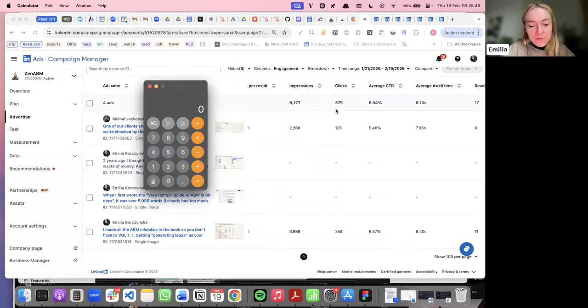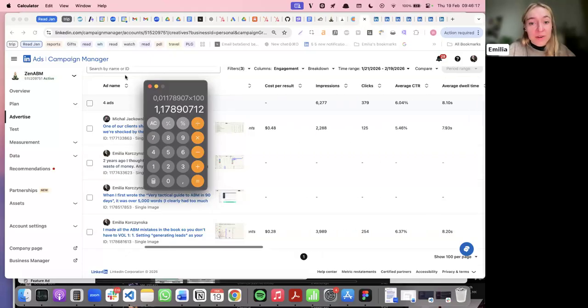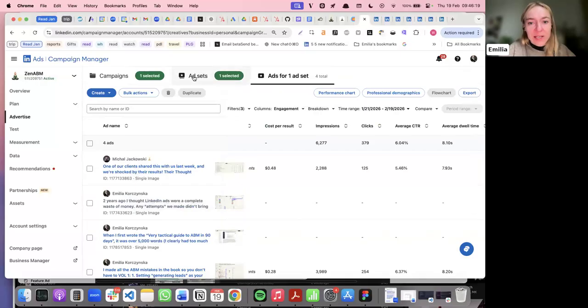So 74 divided by 6,277, times 100, a very, very decent CTR. If we compare it to image ads, you will really struggle. I don't know, like people who are able to consistently get a CTR of 1.2% on image ads.